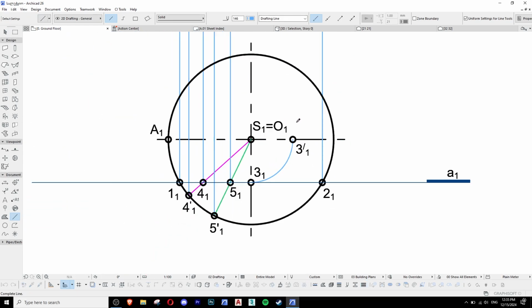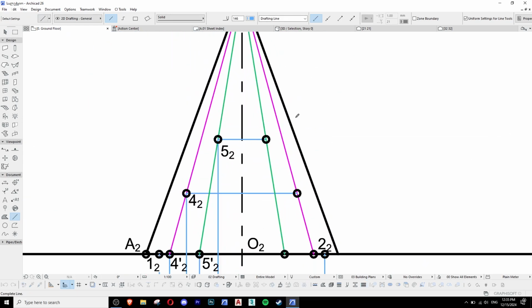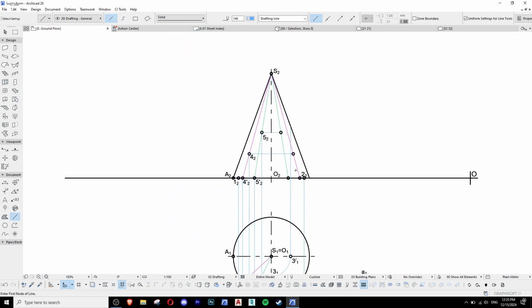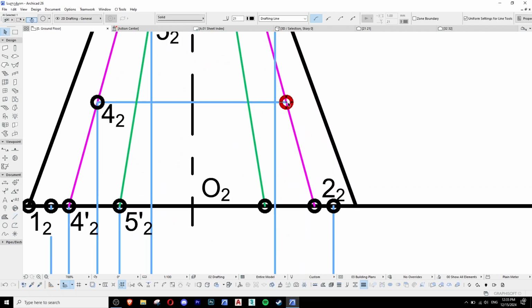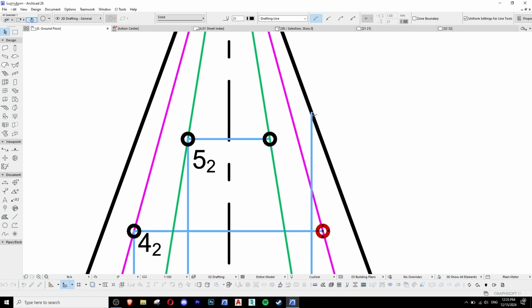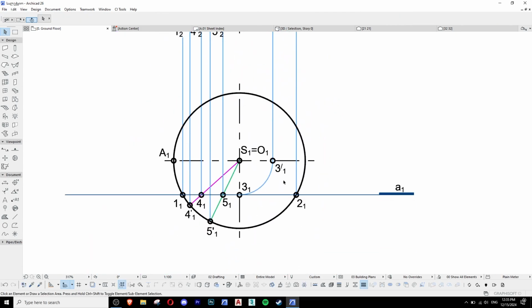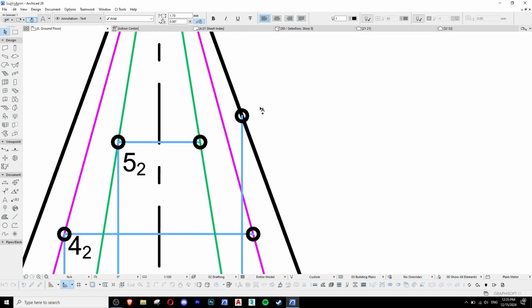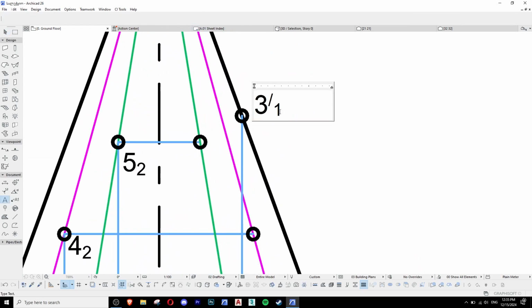So let's find its projection on that extreme generator. It's right here. Let's mark the point right here, and let's also give it a name, just so we can keep track of it, like so.